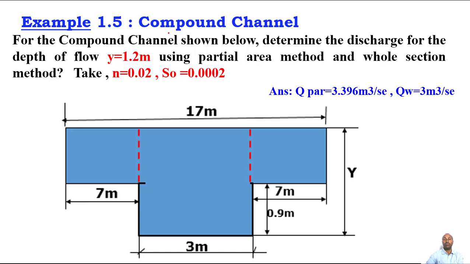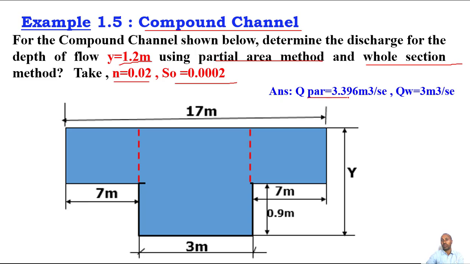Again, let us see now a compound channel. For the compound channel shown below, determine the discharge for the depth of flow y of 1.2, the total depth of the compound channel, using the partial area method and the whole section method. Take n naught 0.02 and S naught 0.002.